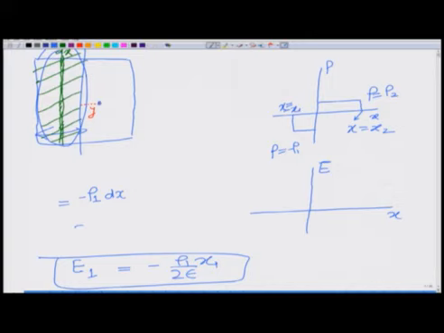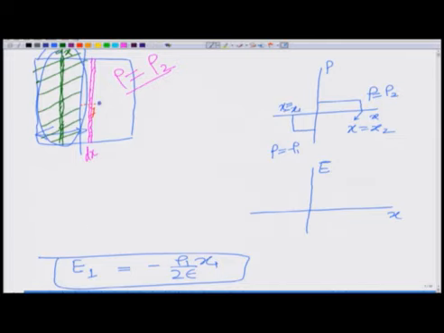Alright. To get the electric field due to the other part, I take a small layer here, to the left of the point where I am calculating the electric field. Again the thickness is dx, and remember here the charge density is plus rho 2. What is the electric field due to this small layer?